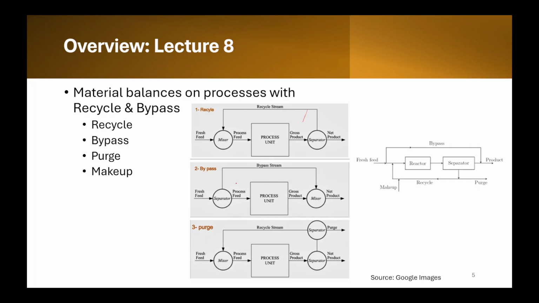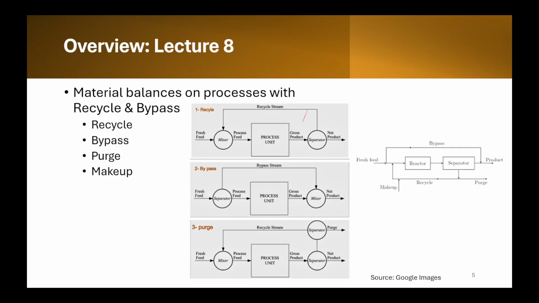Then purge. What is purge? Purge is shown using this figure. This, as we know, is the recycle system, and using this separator we get the unreacted reactant. It might be that we do not have a very pure reactant coming in, and it may have some inerts as well.